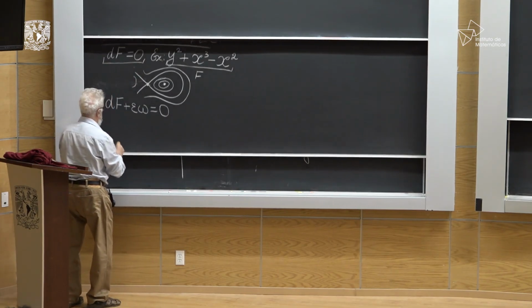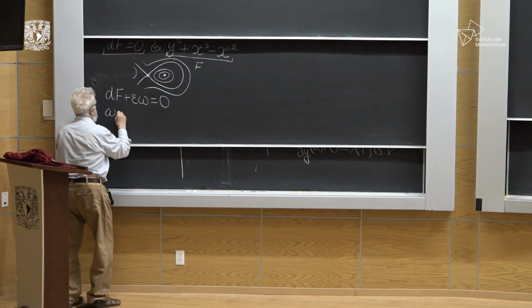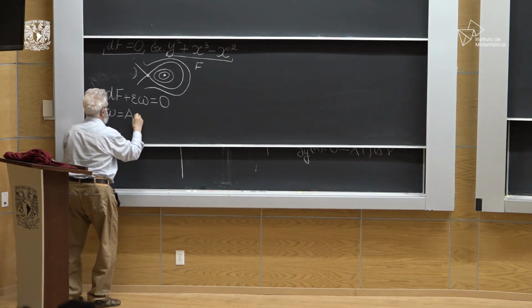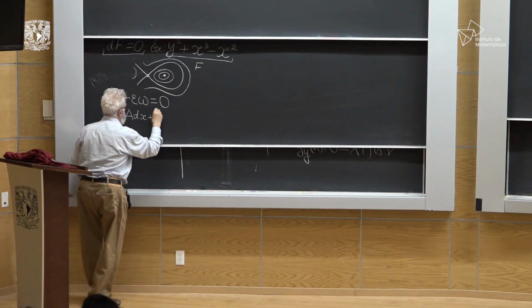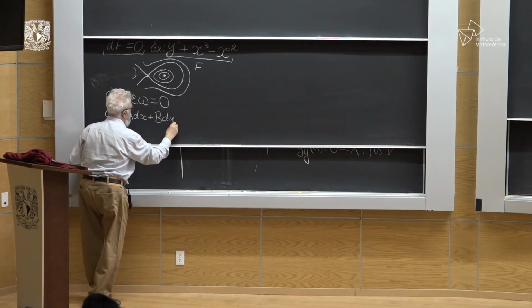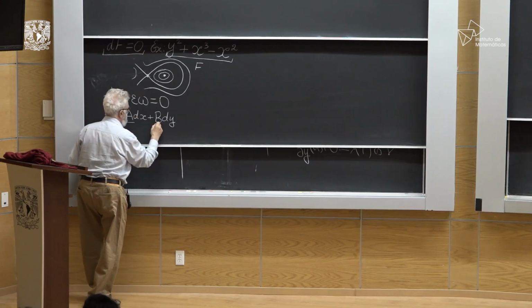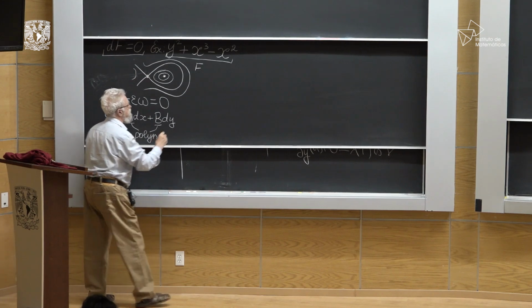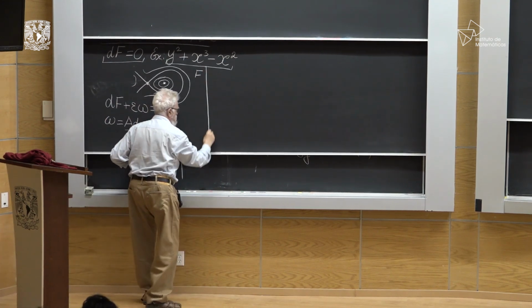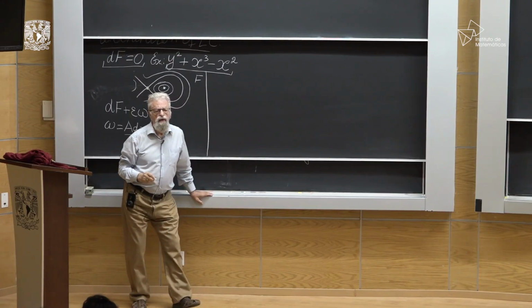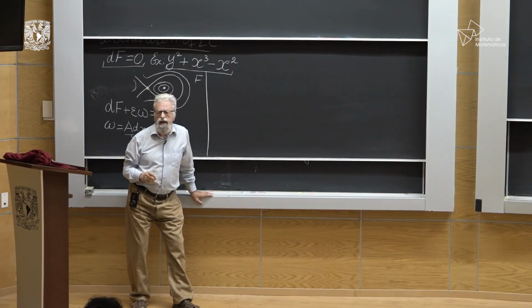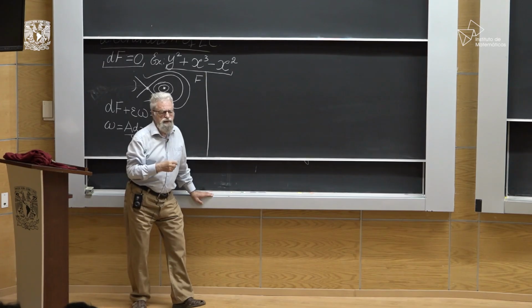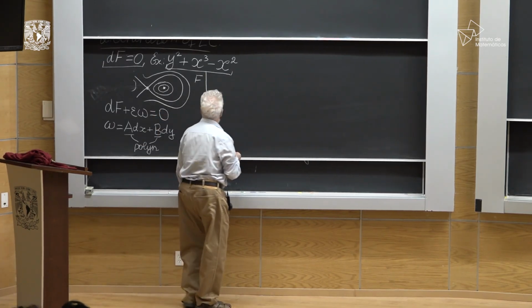Omega is a polynomial one-form, a dx plus b dy, and a and b are polynomials. The question is, once again, what ovals will break and what one will keep closed, slightly perturbed, but generate a limit cycle.